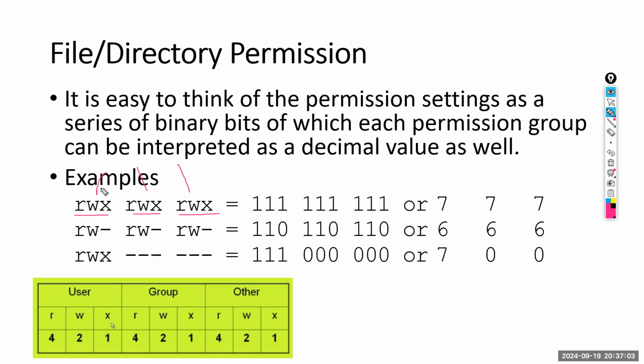This means for the user, read, write, execute power is there. Group members, read, write, execute power is there. Others means you are not the user and you don't belong to the group. So this means full privilege available to all. But this means only read, write available for all 3. This means only the user can read, write, execute. Group members can't do anything. Others can't do anything.